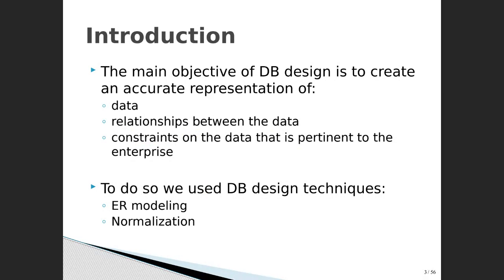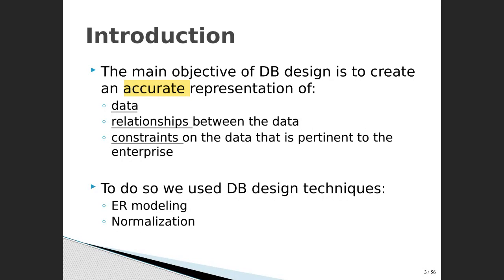Now, we need to understand that the main objective of database design is to create an accurate and consistent representation of data. Everything must be accurate, whether it's data, its relationships between data, or the constraints.